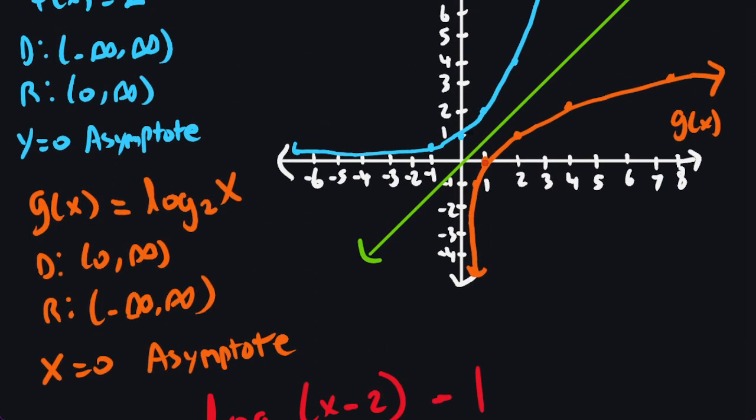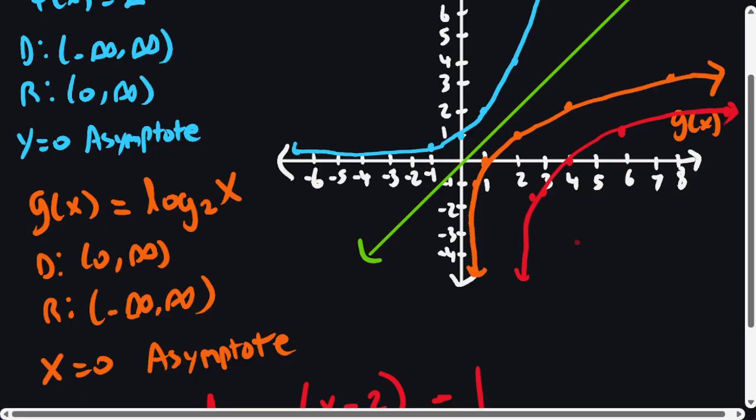So we could start here at 1, 0, to the right by 2 and down by 1, and repeat that for each point. Right around here, actually. So if we go ahead and connect all these dots, we've graphed h of x.